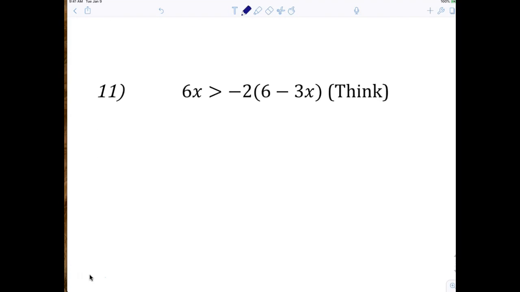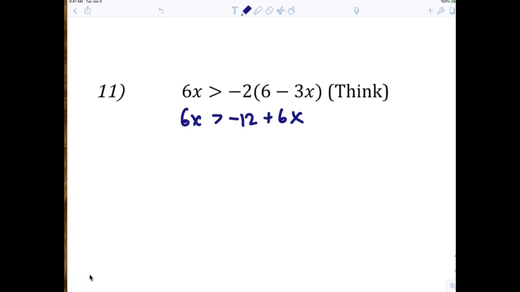All right, let's look at the next part now. Here we go again. 6x is greater than negative 12 plus 6x. Actually, you could divide. But you have to remember to change the sign. So what is this, guys?